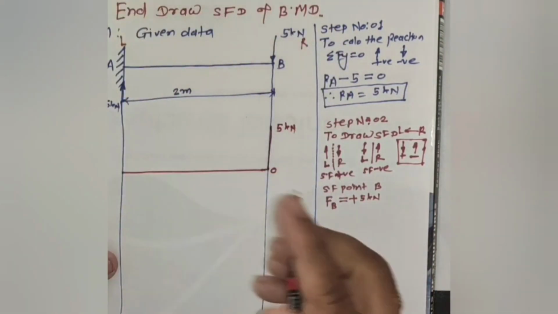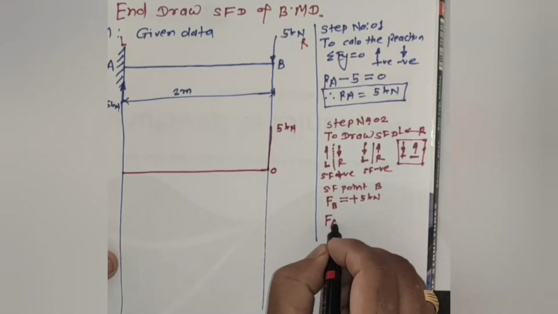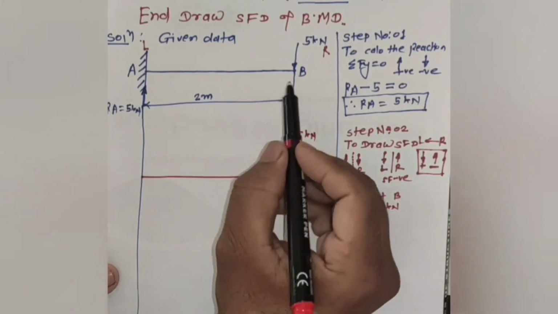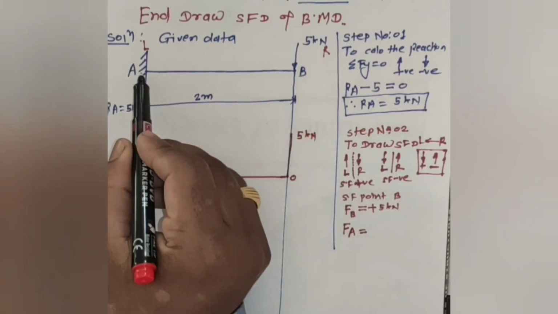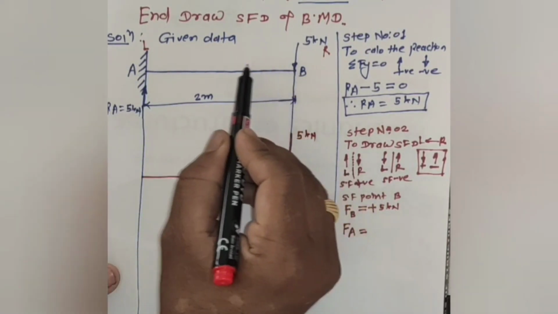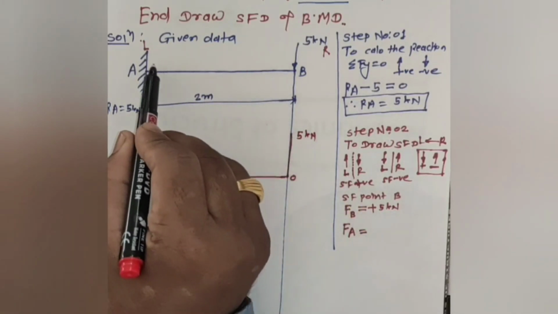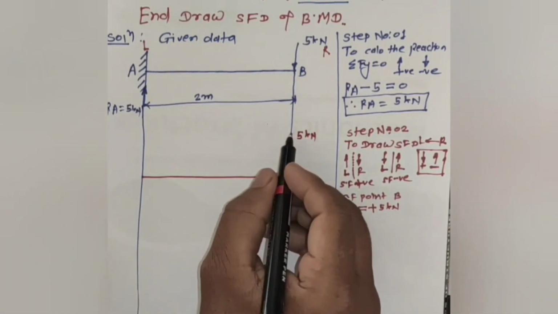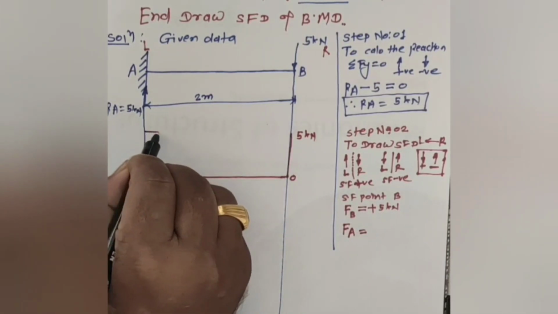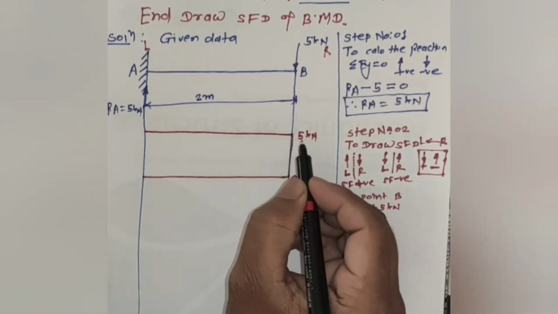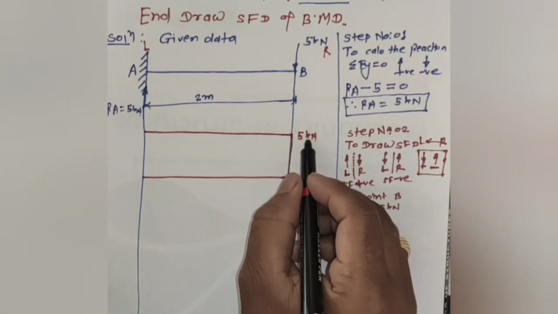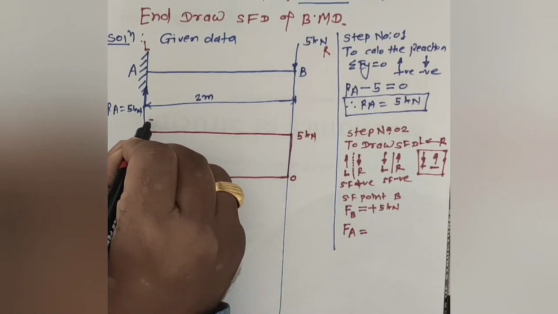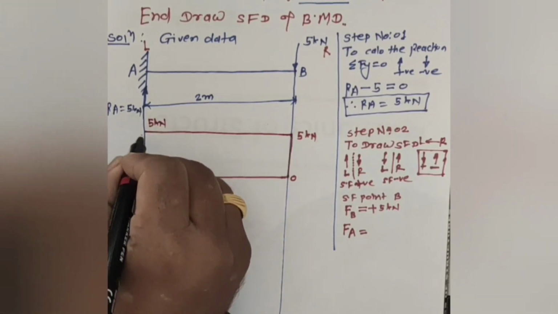The next point is shear force at point A. In between B to A, there is no load acting. Therefore, you have to draw the horizontal line with the same magnitude of force, that is 5 kilonewton.